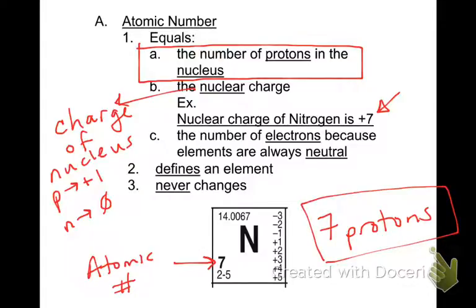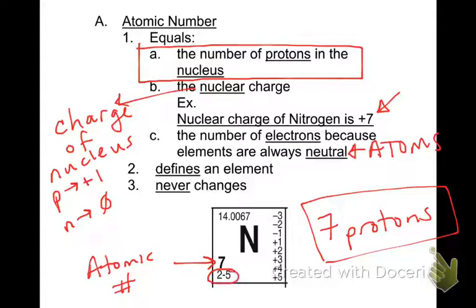Not too bad. And then last but not least, this isn't actually a definition of atomic number, but it does kind of make sense. It's also equal to the number of electrons because, well, atoms are neutral. So remember this electron configuration down here?